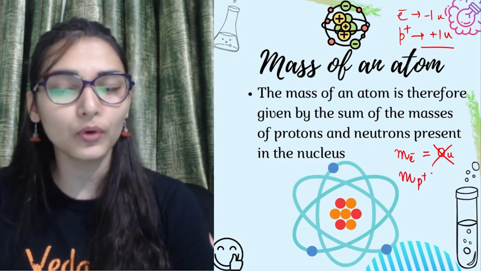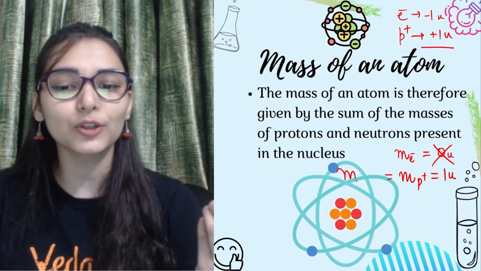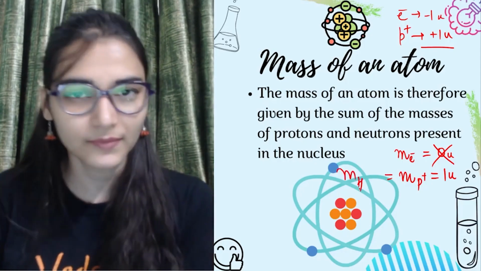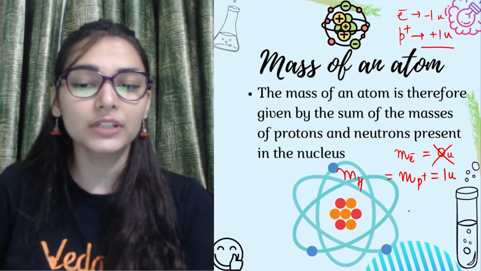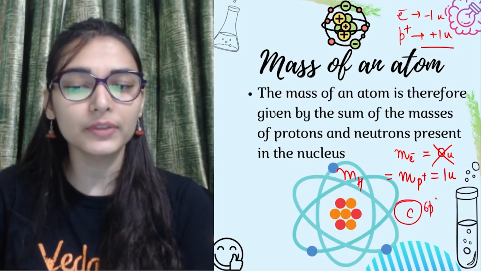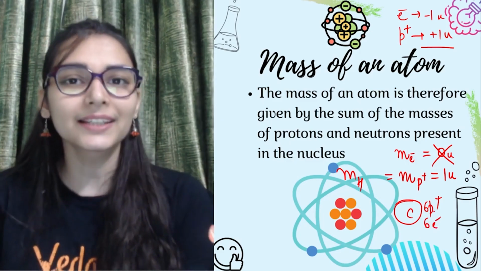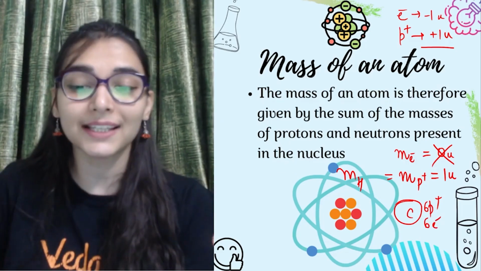The mass of the electron is negligible, we do not consider it, it is very small. And the mass of a proton is equal to 1 unit, equal to the mass of hydrogen. If you talk about the carbon atom, it has 6 protons and 6 electrons in it. So ideally the mass of carbon should be 6 units.